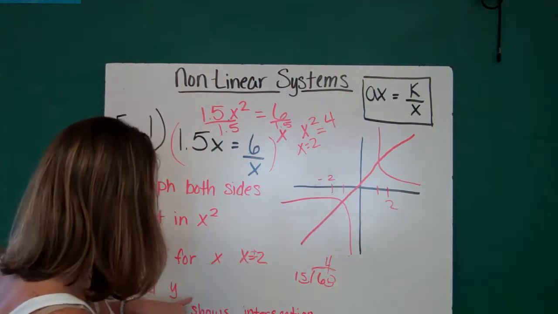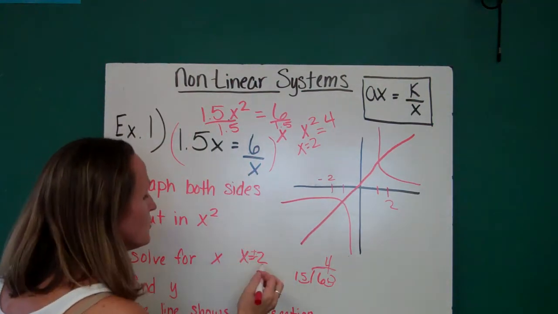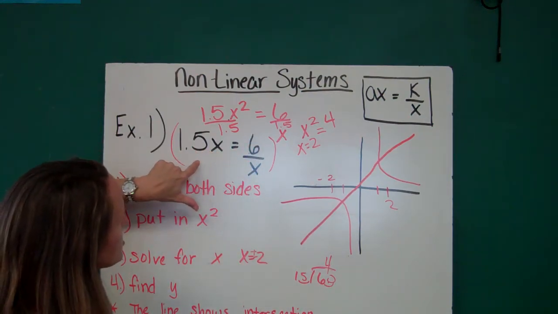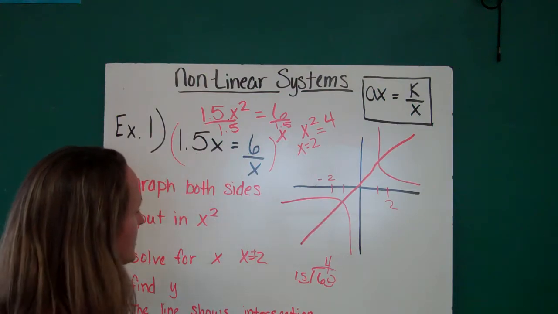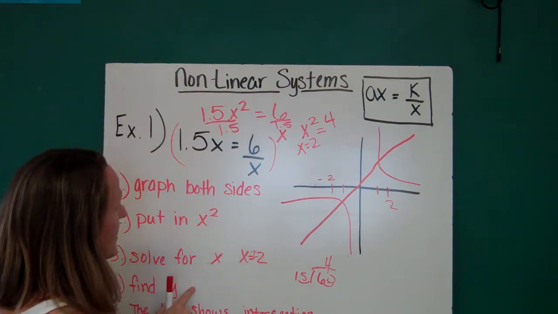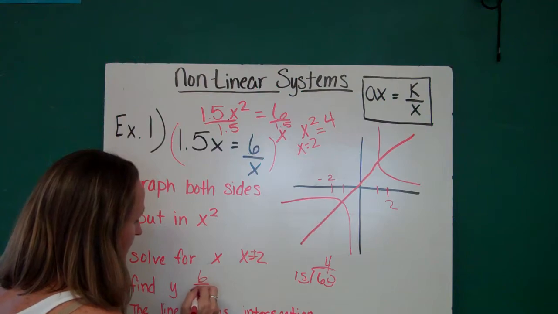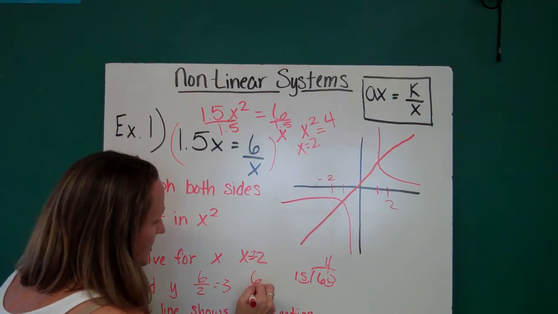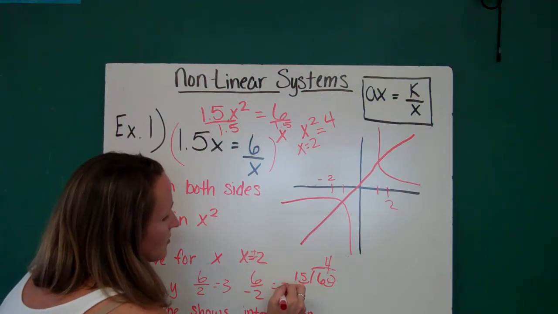Okay, so to find y, we're going to plug 2, positive and negative 2, in. It does not matter which one of these you put it in. Since this has no decimal, I'm going to put it here. So to find my y value, I'm going to do 6 divided by 2, and I'm going to get 3. I'm also going to do 6 divided by negative 2, and I'm going to get negative 3.